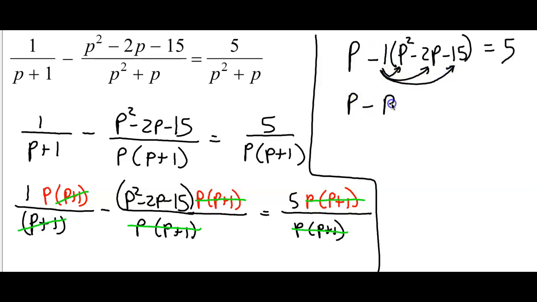Every once in a while, you'll have to distribute a negative, and that's just going to change all the signs for that second group that was in parentheses there. So let's do that. And here I would encourage you guys to write a note. You see how there's a square there? We had that in the last problem too, but the square canceled, so I just kind of ignored it. But on this one, it's not going to cancel. So I'm going to write a little note here, and I encourage you guys to write it too.